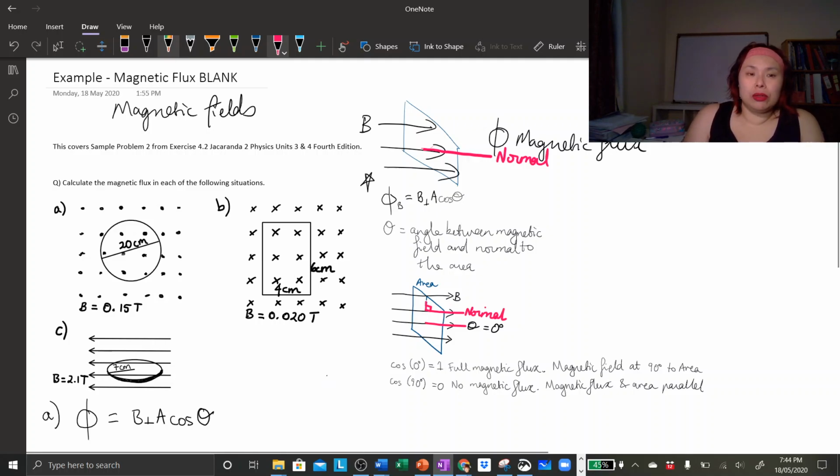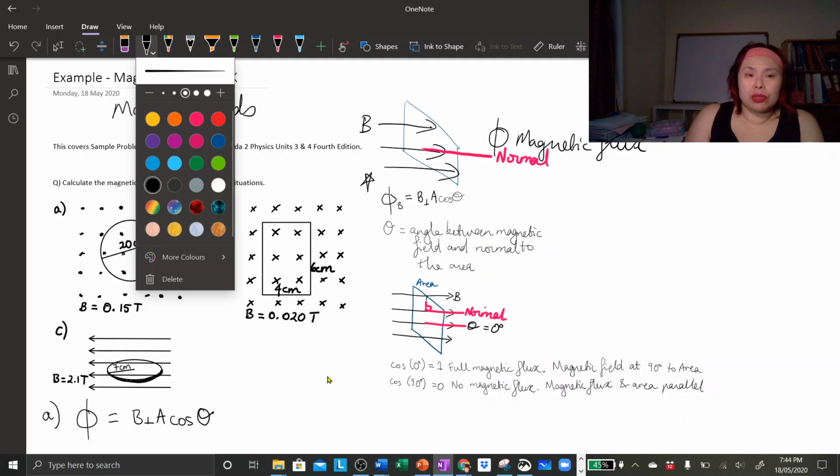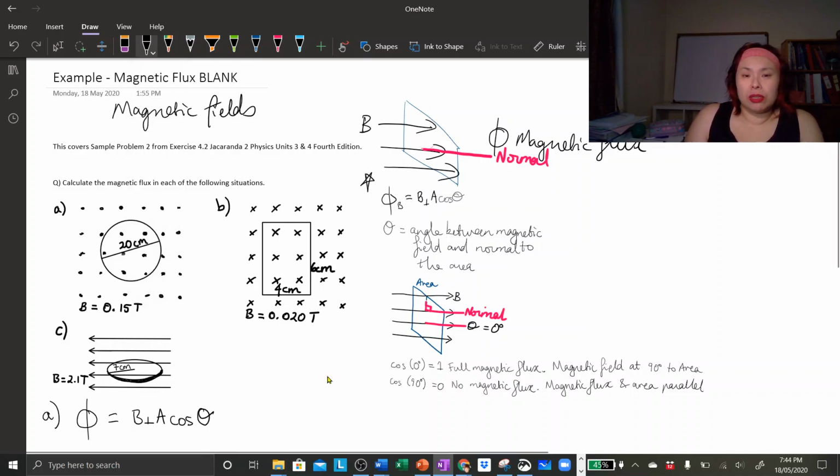And then if we look at the magnetic field, which is also going horizontally in this case, so if we look at that magnetic field here, we can see that this line is actually parallel to the normal.